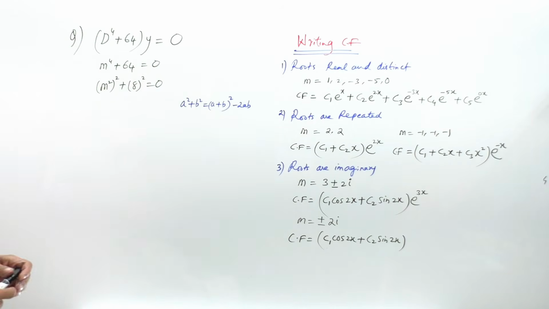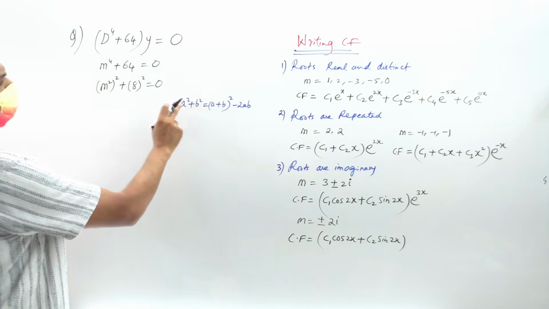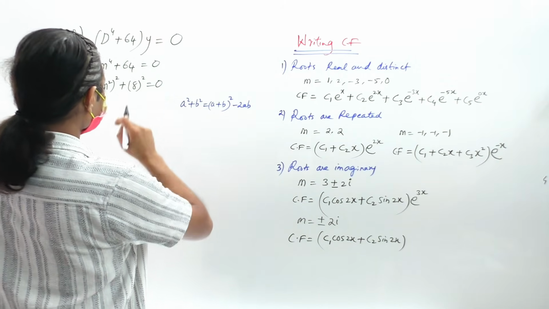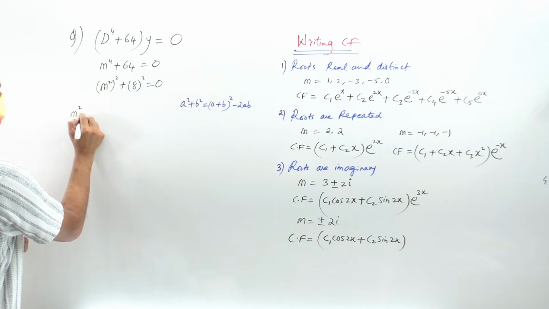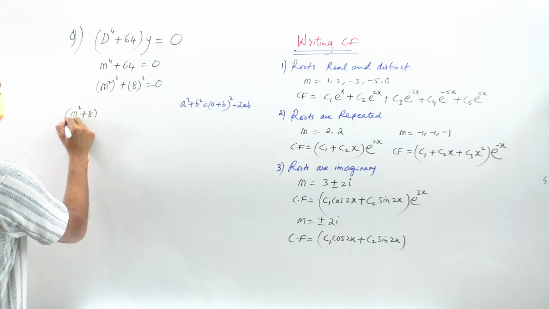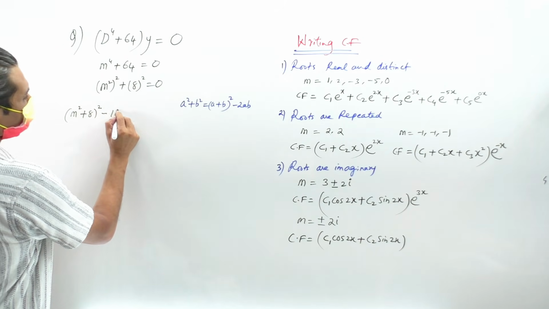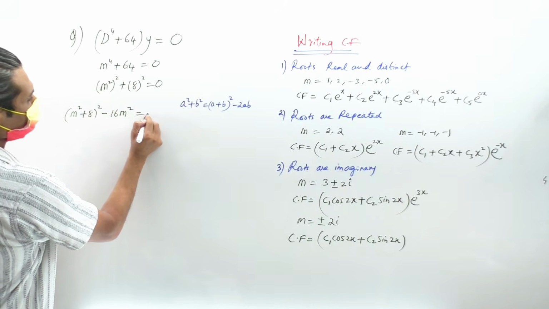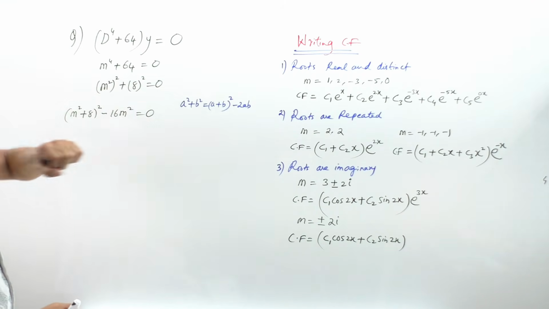Now using this, let a be m square and b be 8. So we write this as m square plus 8 the whole square minus 2ab, that is 16m square is equal to 0. Correct? A is m square and b is 8, so 2ab is 16 m square.